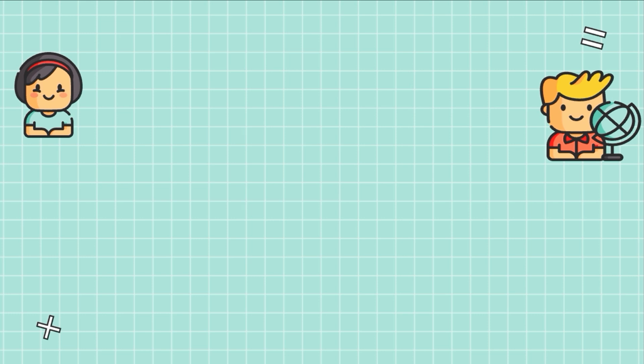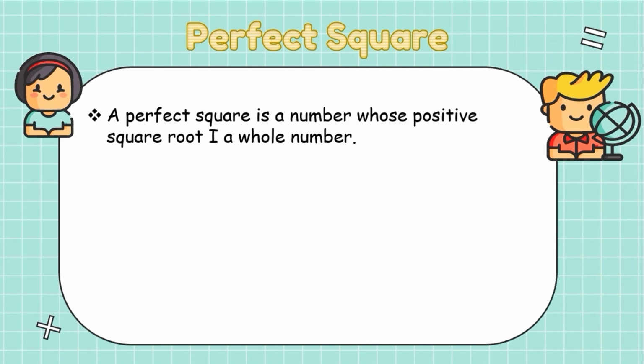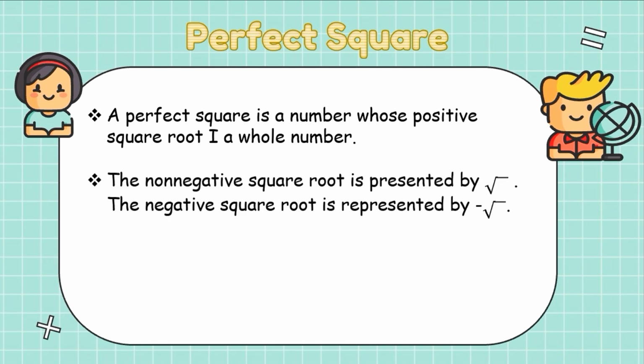And now, let's move on to perfect squares. Let's start with the definition of a perfect square. A perfect square is a number whose positive square root is a whole number. In other words, when we take the square root of a perfect square, we get an integer as the result. The non-negative square root is represented by this symbol, and the negative square root is represented by this symbol. It's important to note that not all numbers are perfect squares.